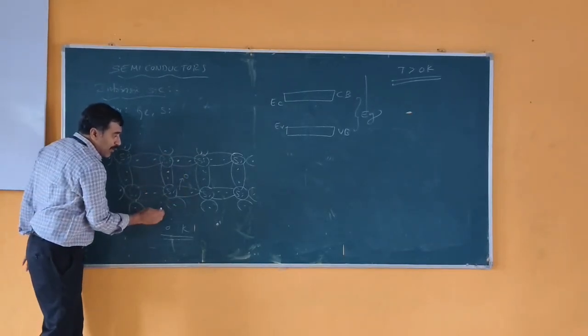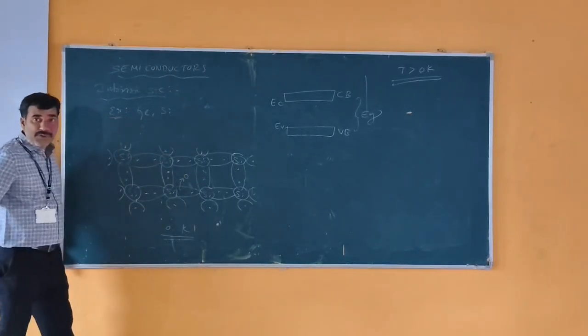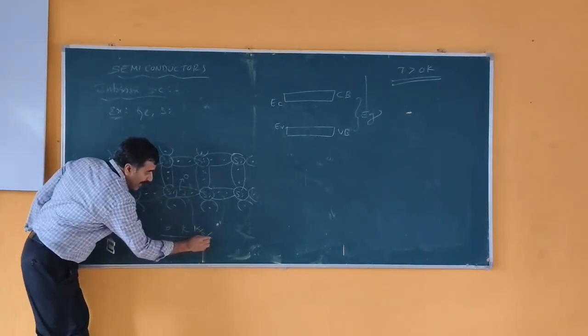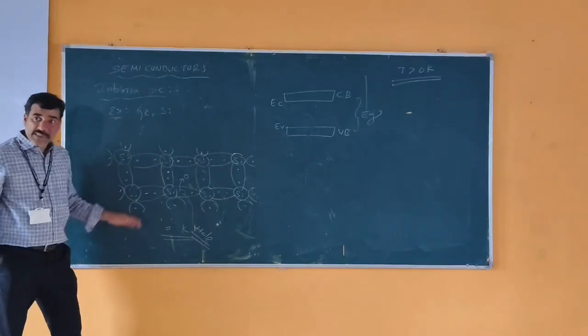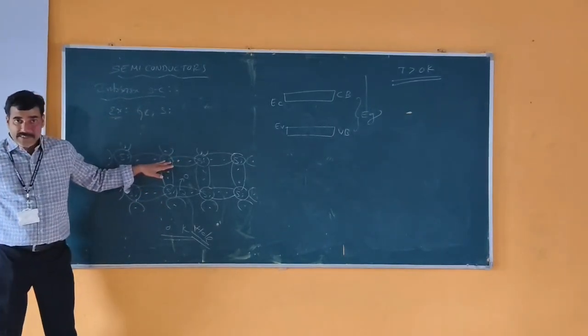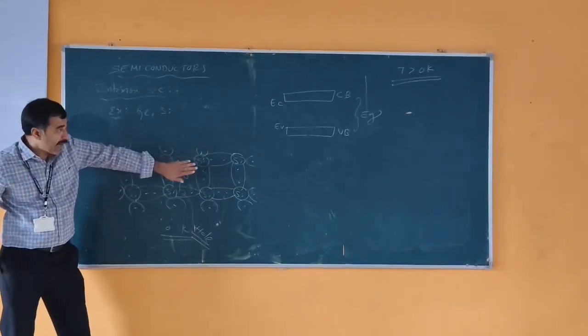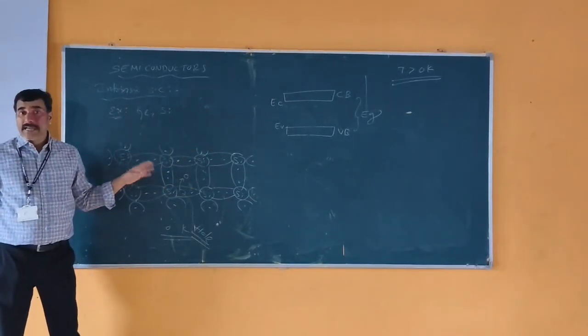Where the electron goes, a vacant position forms, and in the place of the electron, holes are automatically generated.